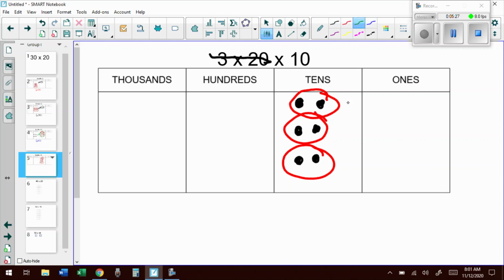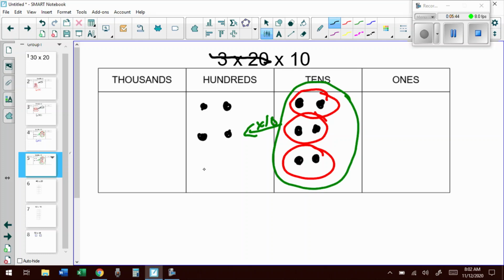And now I want to take that whole chunk and multiply by 10. So I'll have 1, 2, 1, 2, 3, 4, 3, 4, 5, 6. 100, 200, 300, 400, 500, 600.